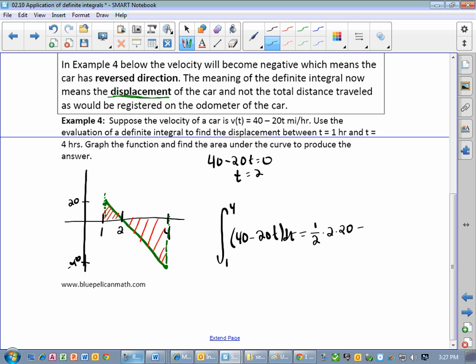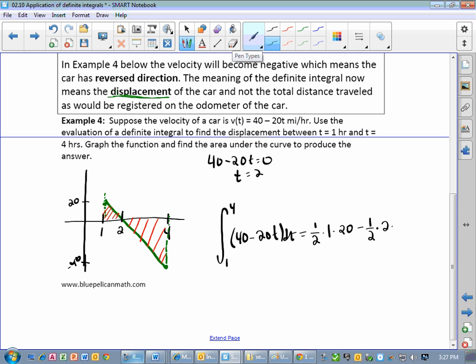Minus, because we're below the x-axis now, 1/2 times, now the base of the second triangle is the difference between 2 and 4. That's 2. And the height, oh, you're right, it should be 1, huh? Should be 1. So it's not the same as what we did earlier.